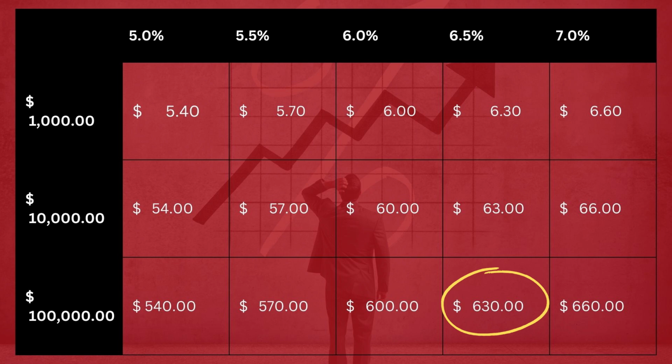Alternatively, if the rates go down, which we expect them to in late 2023, to 5.5%, you're going to subtract $30 from the $600. So your principal and interest becomes $570 for every 100,000 that you borrow. And the same holds true if it goes to 5%, 4.5%, 4%. So no matter what the rate, as long as you have a general idea of where rates are at, you instantly know what your principal and interest is going to be based on that specific formula.